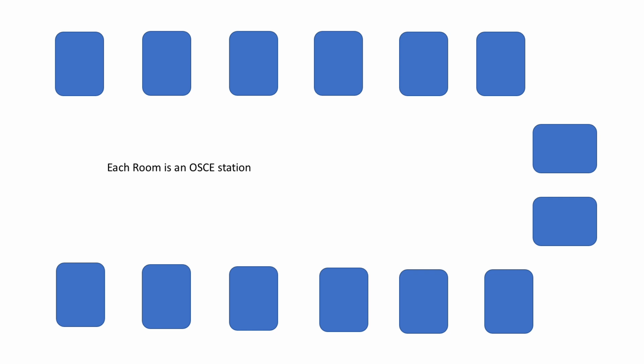And this is how the OSCE circuit is arranged. Like these are 14 stations. We know in the exam there are 17 stations, so this depends on availability and where you take the exam. Your stations may be in one place or maybe in different parts of a building.